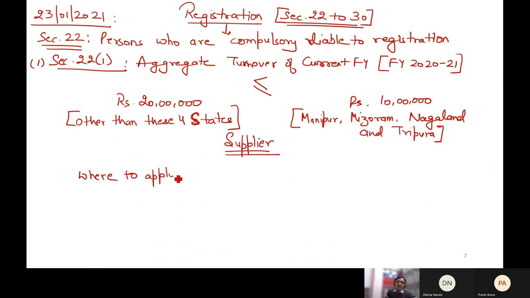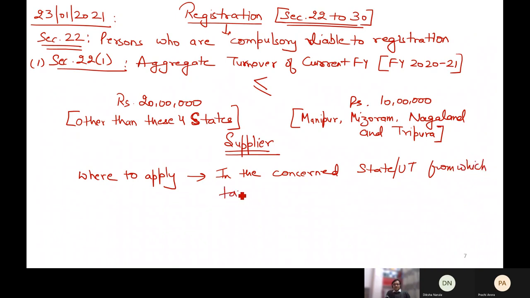In the concerned state or UT from where taxable supply of goods or services is made. That's it. This is one point.